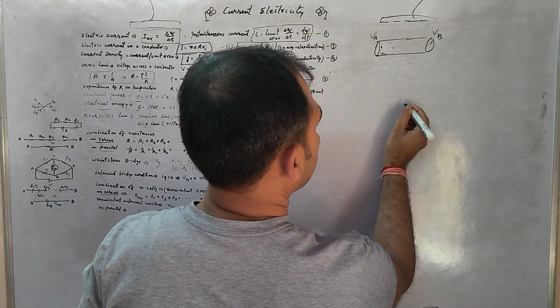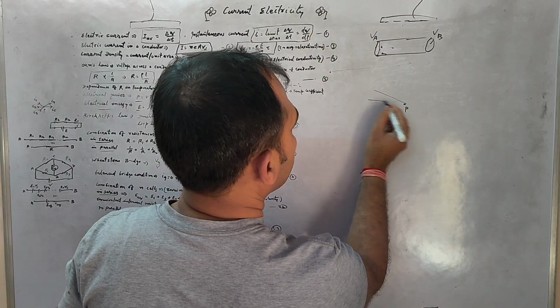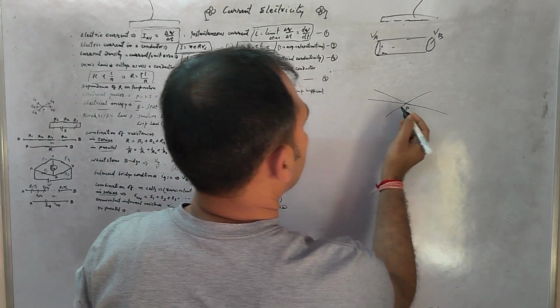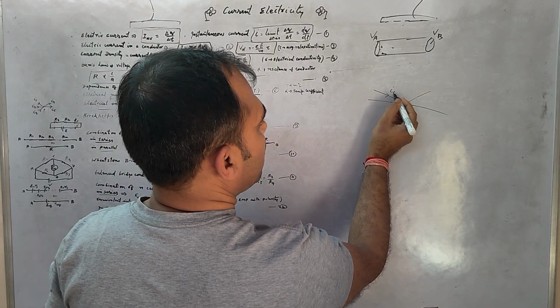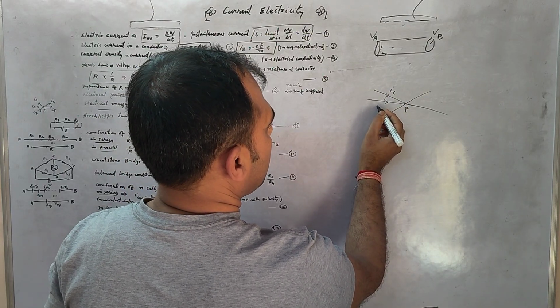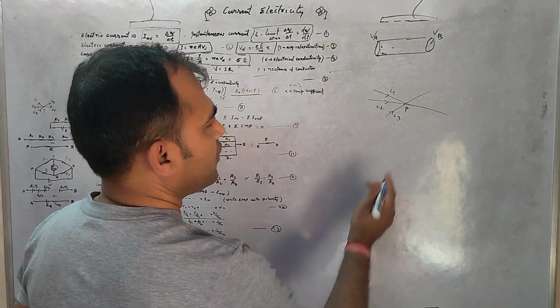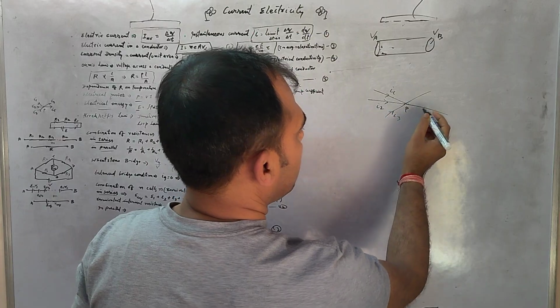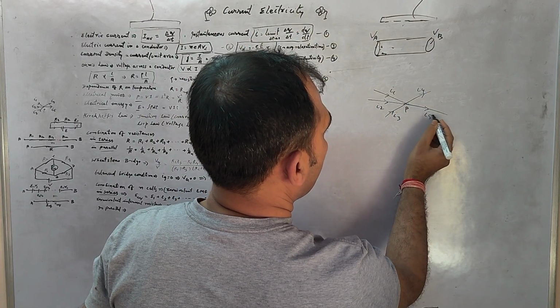Means if here there is a point P in any circuit, and I1, I2, I3 are incoming currents and I4 and I5 are outgoing currents.